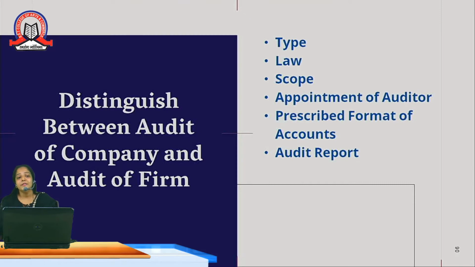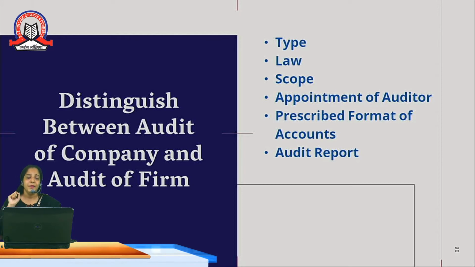Further, continuing with the distinction between the audit of a company and the audit of a firm. As I already discussed, the audit of a company is a statutory audit, and the audit of a partnership firm will be categorized under the non-statutory audit. So, we'll see what the distinguishing points between the two are.